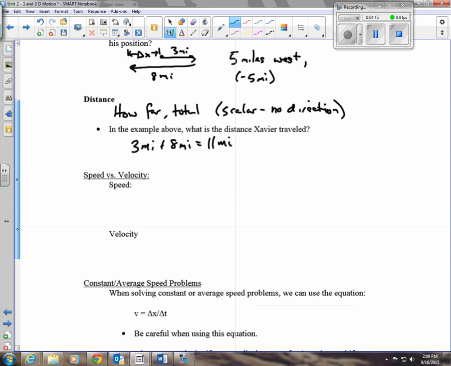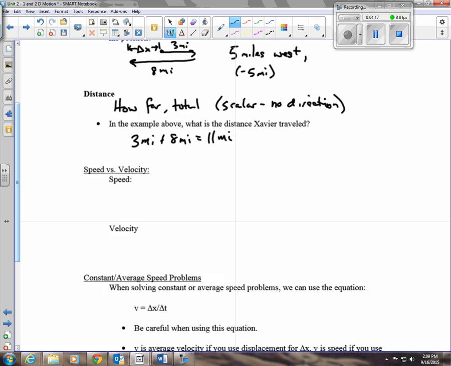Now, speed and velocity. In the English language we use those interchangeably, but they actually have a slightly different meaning. Speed is how fast something is moving, and it's a scalar. And then velocity is how fast with direction.